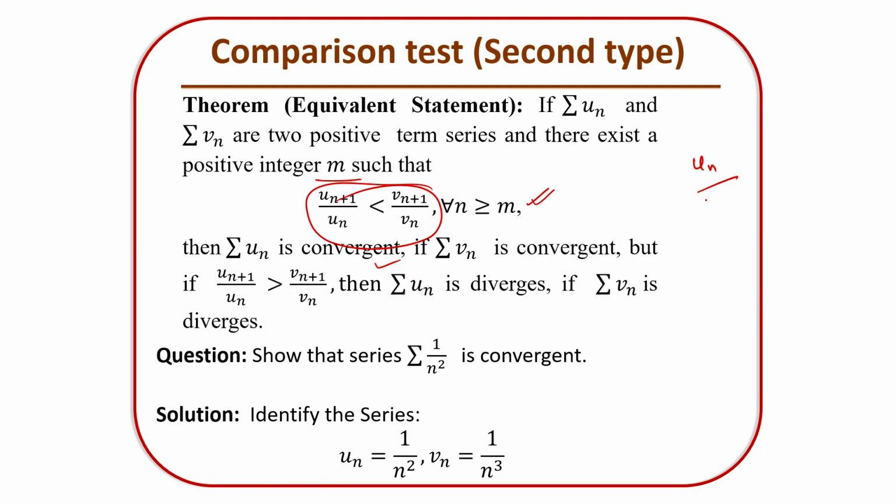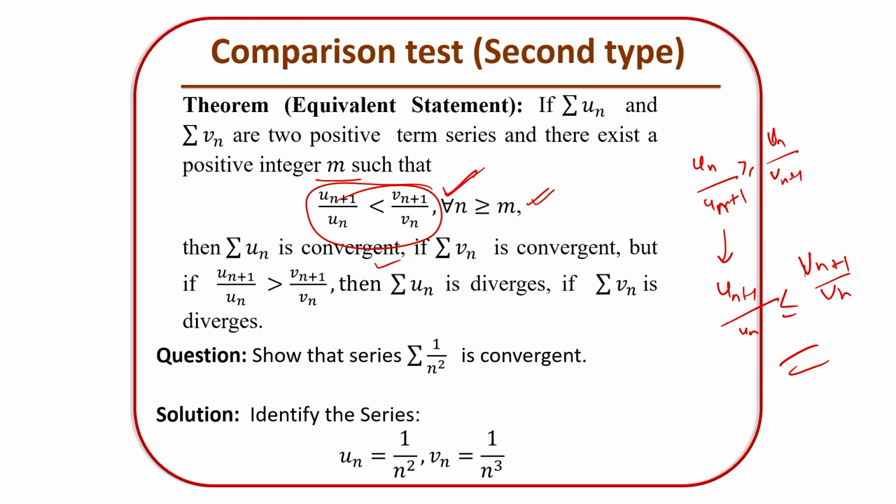We have changed un by un plus 1, which is greater than or equal to vn divided by vn plus 1, right? Here we have changed this ratio, that's why the inequality has been changed. You can write this as un plus 1 by un less than or equal to vn plus 1 divided by vn, right? So this is the same thing.